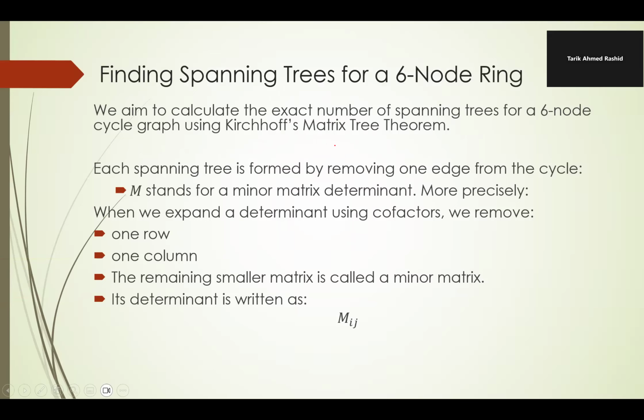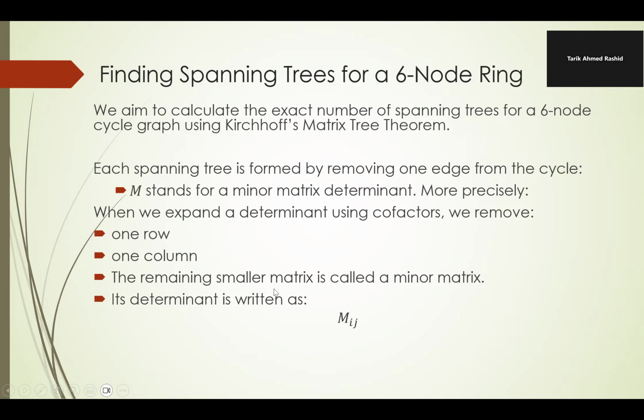Each spanning tree is formed by removing one edge from the cycle, and M stands for a minor matrix. More precisely, we expand a determinant using cofactors, and we remove one row and one column.